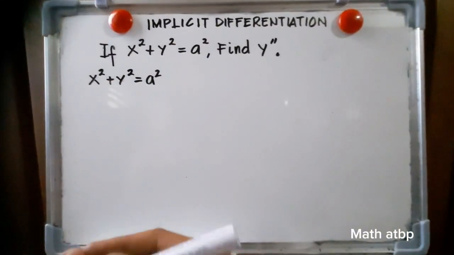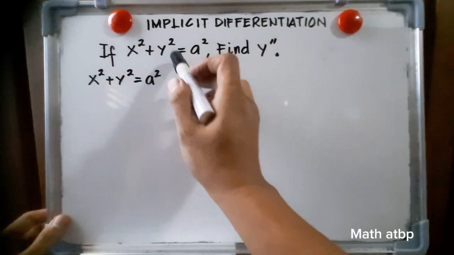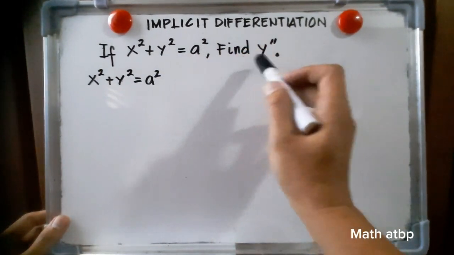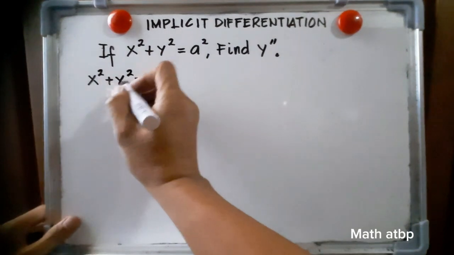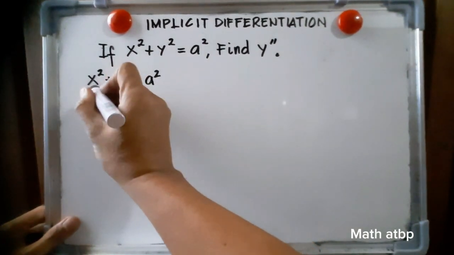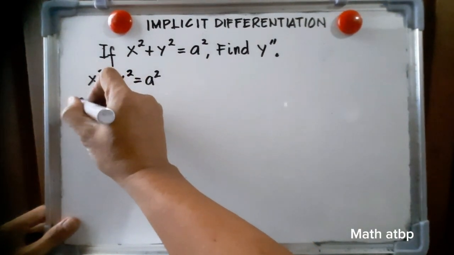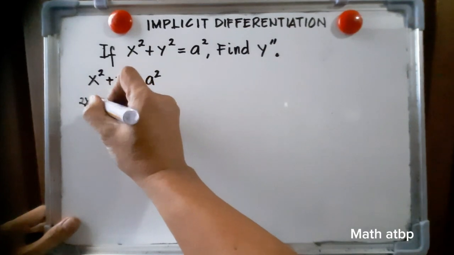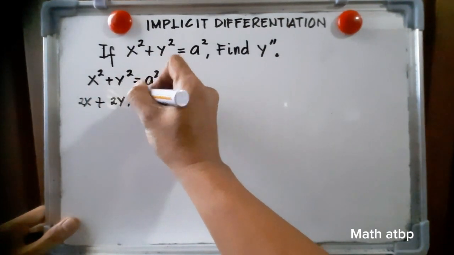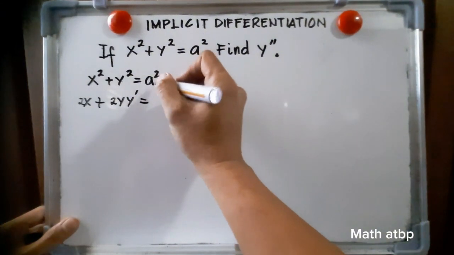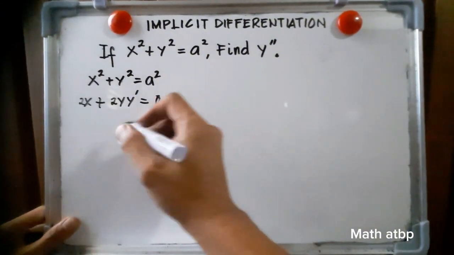Another example. If x squared plus y squared is equal to a squared, find y double prime. Okay, let us differentiate this. X squared plus y squared is equal to a squared, then the derivative of x squared is 2x plus the derivative of y squared is 2y y prime, equal to the derivative of a constant, which is 0.